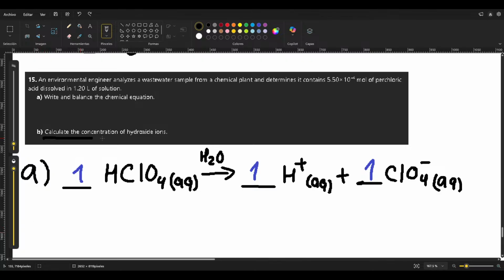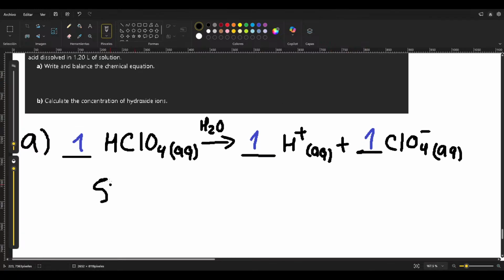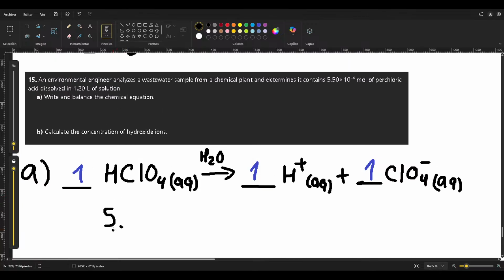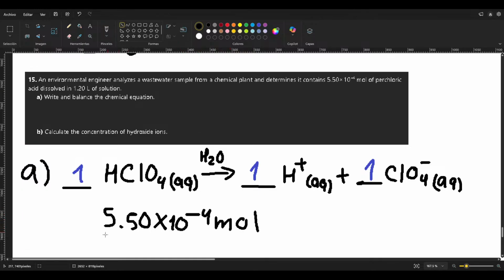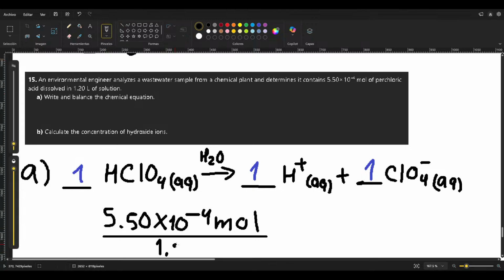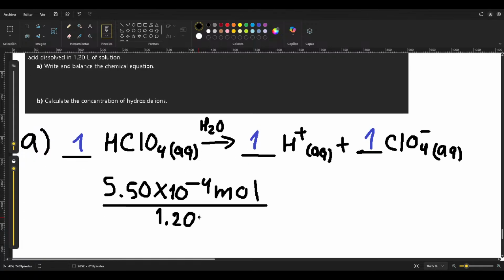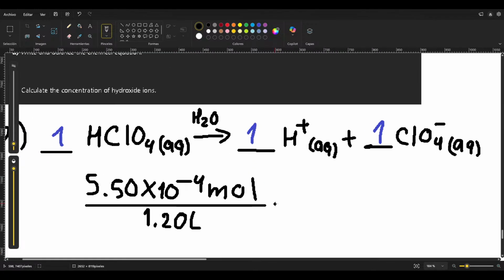Okay. B, calculate the concentration of hydroxide ions. So here, that's nice, they already give us the moles. We don't have to do conversion factors. Just divide this by the liters, which are already in liters, not megaliter or milliliter. Just liter. Nice.